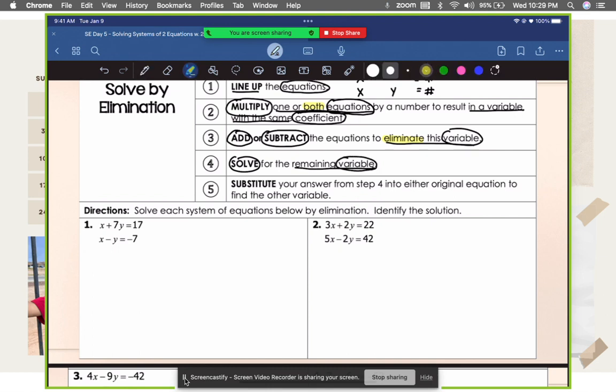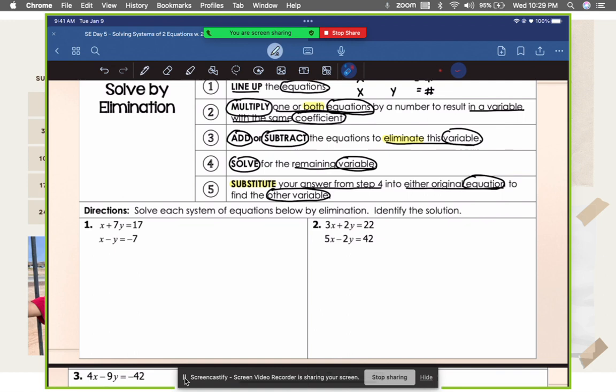And then last but not least, step 5, substitute your answer from step 4 into either original equation, which is pretty similar to substitution, to find the other variable. Okay, we're going to see what that actually looks like. Okay, and then we'll go from there through all the steps.